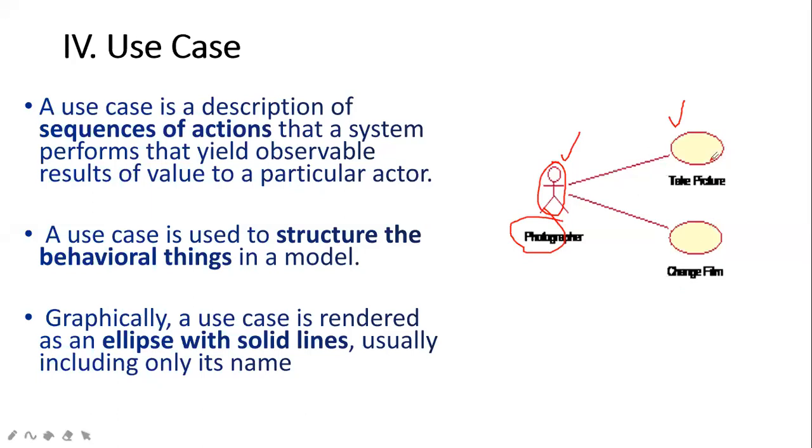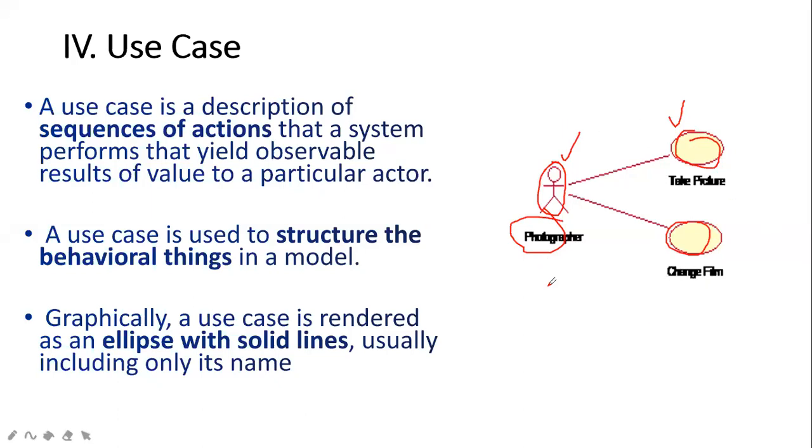So these are the two actions defined for the photographer: taking pictures and changing the film. This sequence of actions forms the use case in terms of UML.